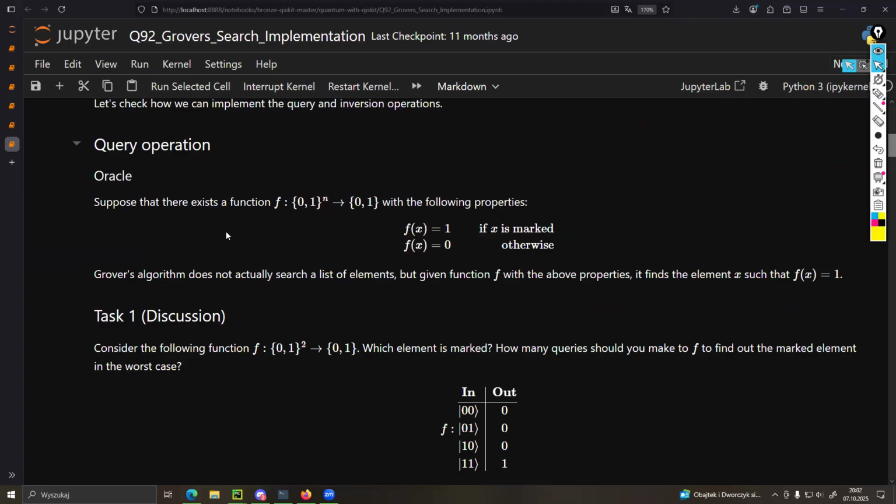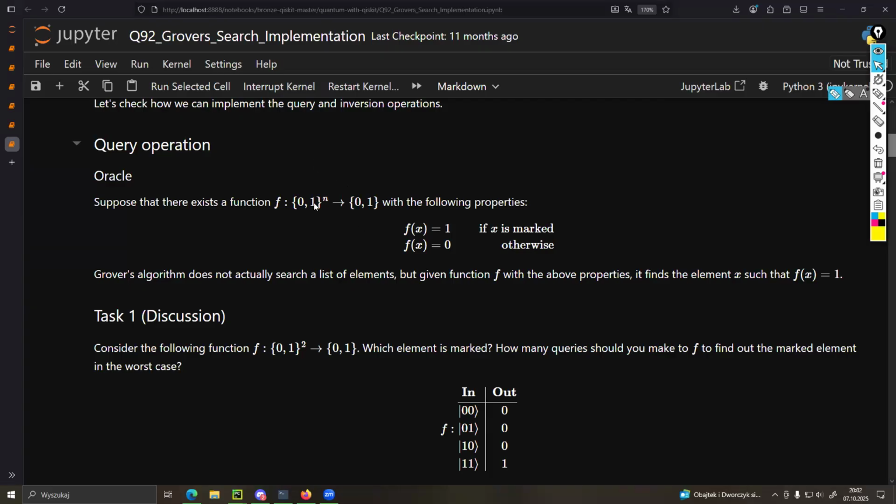But first, the most interesting part of it is the query and the last inversion operator. There is a notation told in the notebooks that we just go from the product space of exactly two outcomes, 0 and 1.